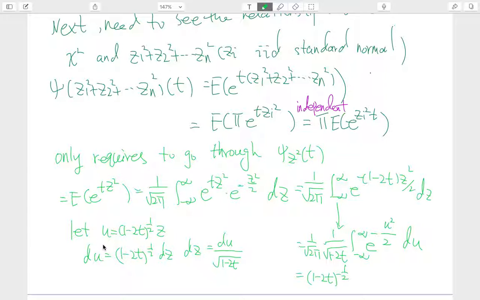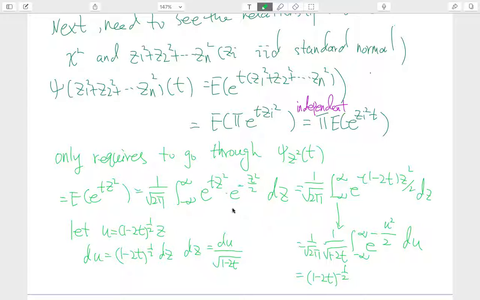So once you have set up such a formula, you just find out what du is and substitute back into the integral. And then you can find out one single moment generating function segment for zi squared, an arbitrary one.